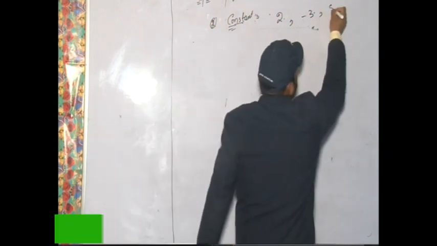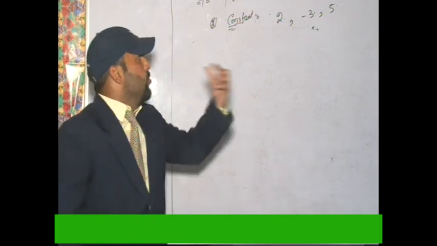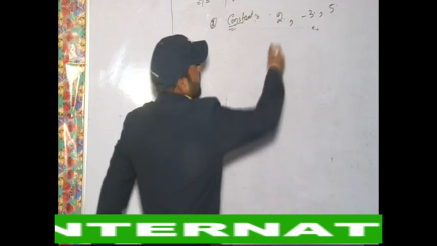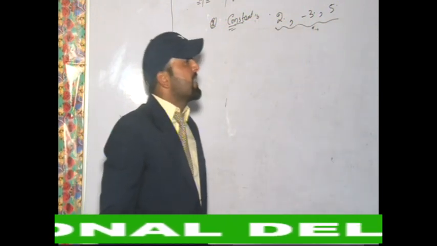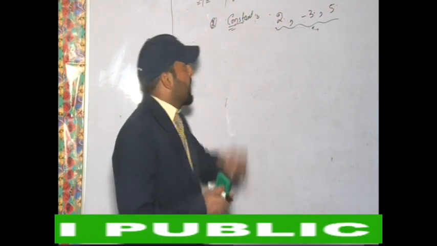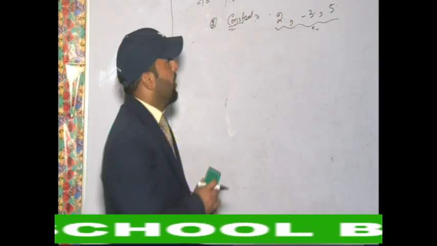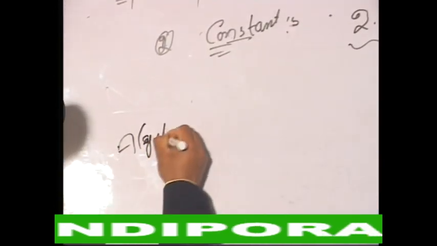For example, 5, its value is also fixed. So constants are the symbols whose value is fixed. They do not change. All numbers are considered constants. Variables are the values that change, and constants are the values or symbols that do not change. After this, the main concept of polynomials is the algebraic expression.